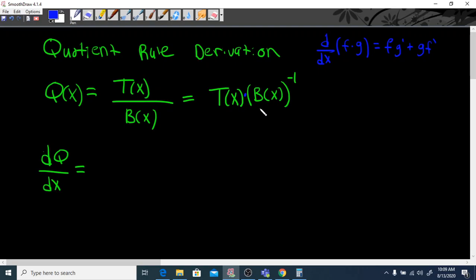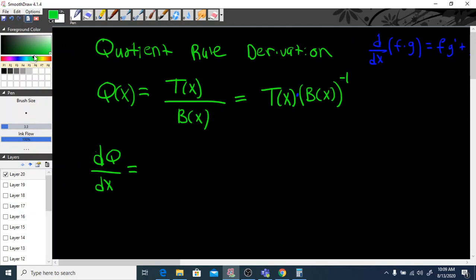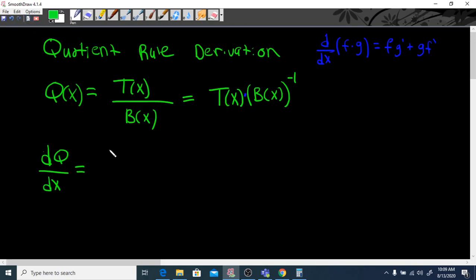So if I apply that here, the first function is the top function, so I'm going to leave it alone. So I'm going to have the top function, and then the derivative of this one. And this is actually the hardest part of this entire little exercise. So if the -1 were not here, we would just do b prime, but we have the -1.